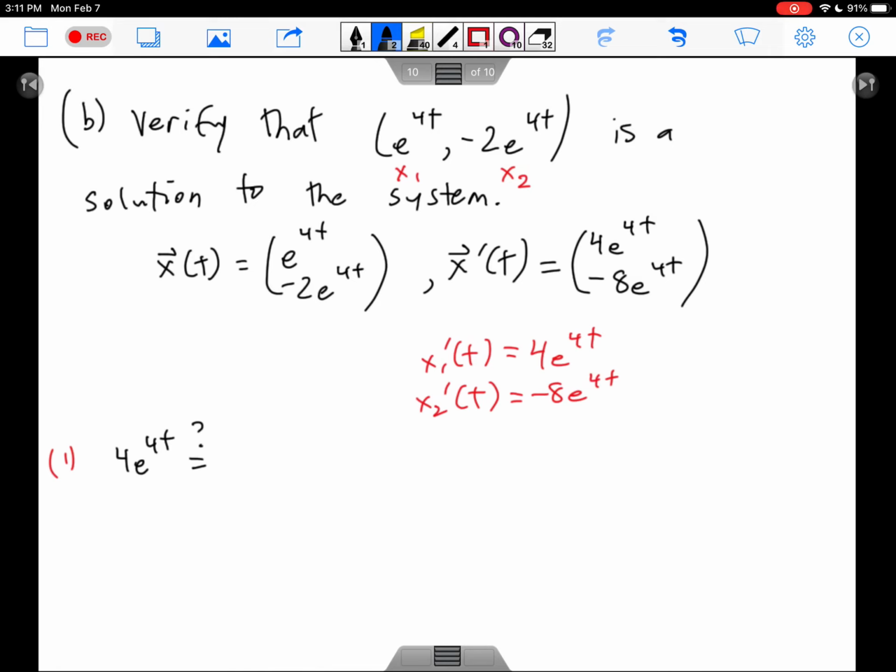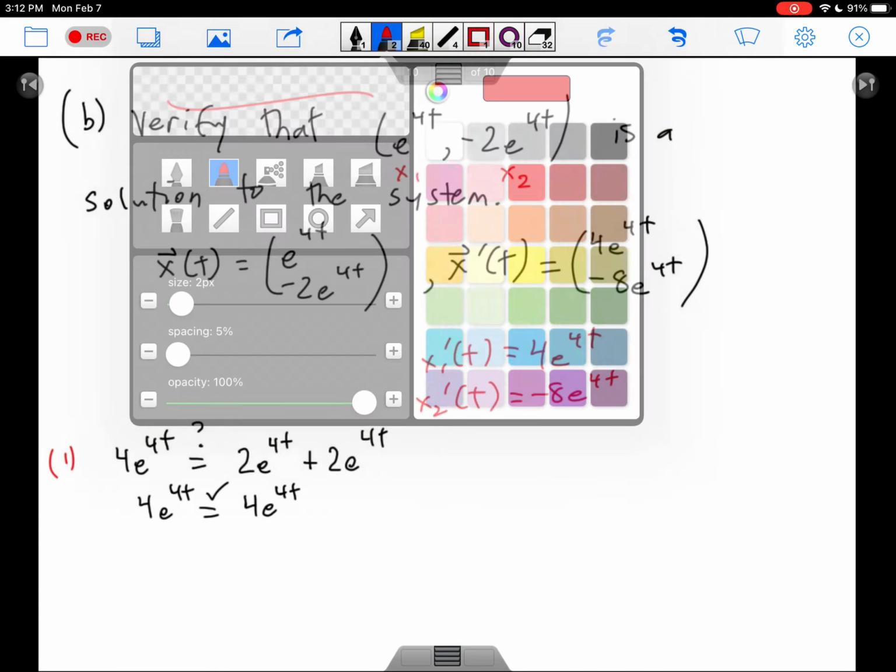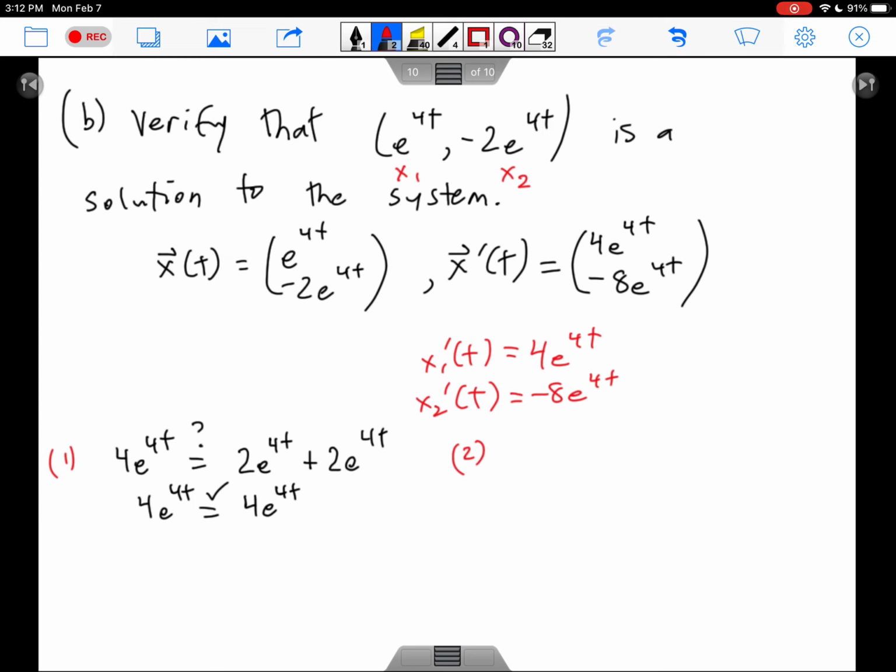Well, we don't know if it's equal yet. That's what we're trying to see. So it's equal to 2e to the 4t. Remember, we're doing minus x2. So that's going to be minus a negative. So that gives us a plus. So it's going to become plus 2e to the 4t. Are those equal? Yes, because 2e to the 4t plus 2e to the 4t is 4e to the 4t because they're like terms. Okay, so equation 1 is true.